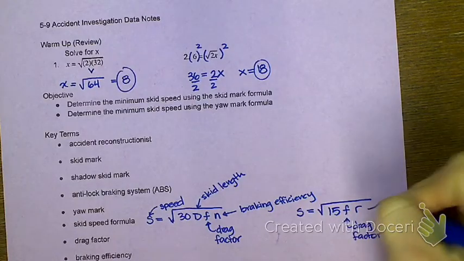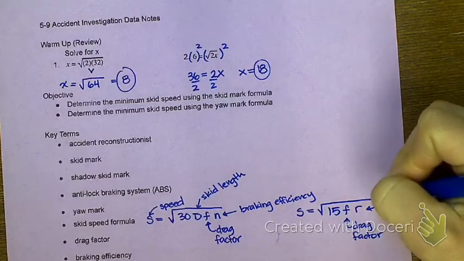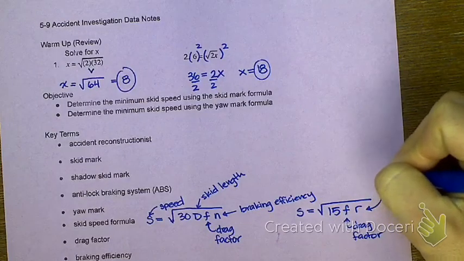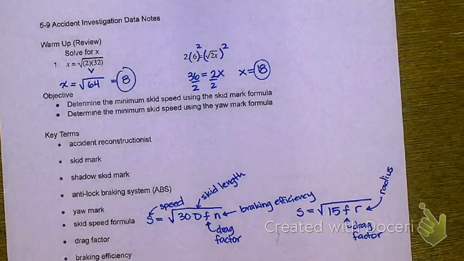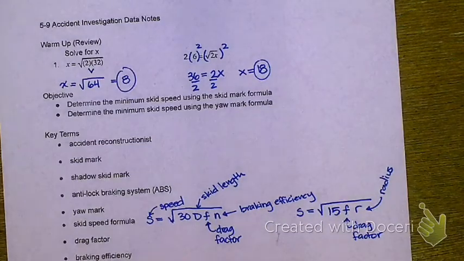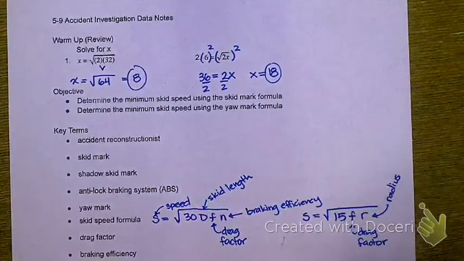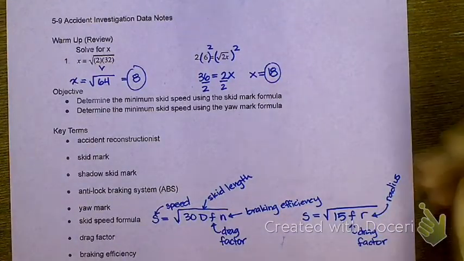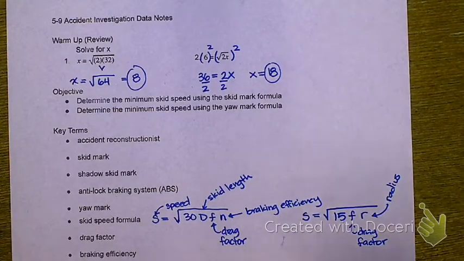But in this one, R is going to be equal to the radius of the circle created by the yaw mark. And it might be helpful for you guys also to write down the formula for how we find the radius. So I'm going to go ahead and write that down up above because I don't think we have room here.